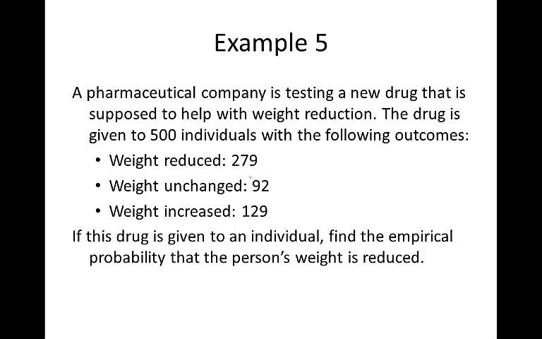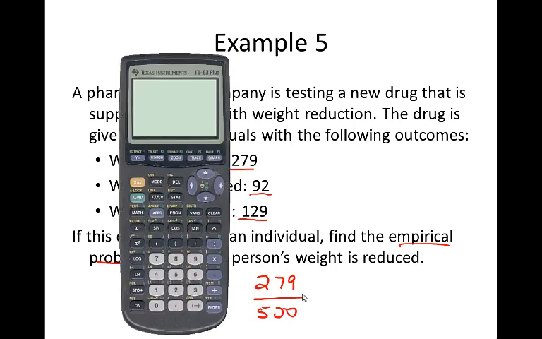It reduced weight in 279 of them. It was unchanged in 92, and it actually increased in 129. So if it's given to an individual, what's the empirical probability the person's weight is reduced? So that's our class, the reduced weight. So we take the number in that class, 279, divided by the total number, 500. And we will often write these in decimals, so we'll go ahead and do that.